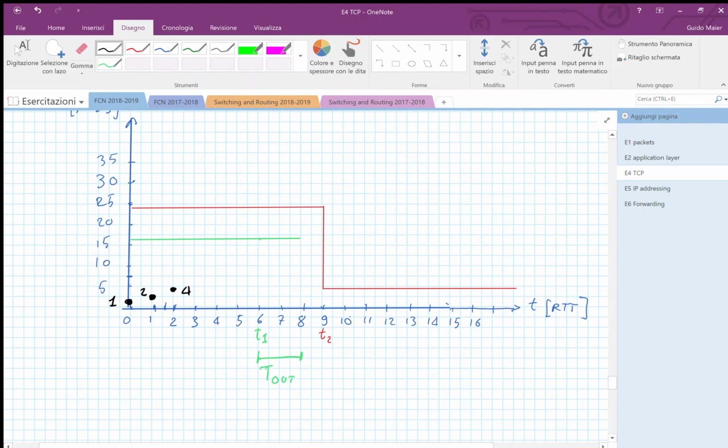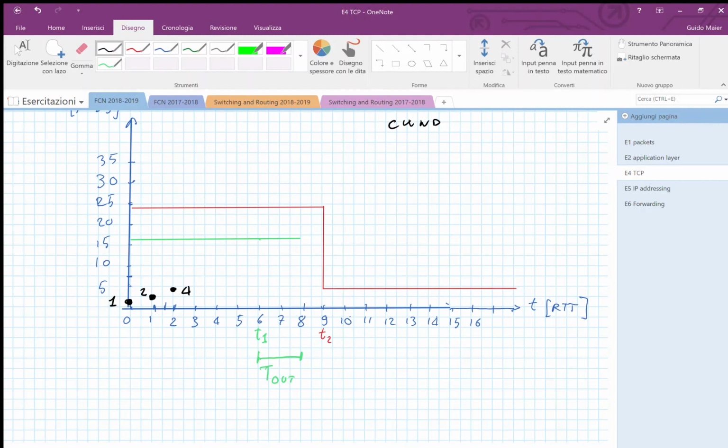When you are drawing this graph, you usually have to draw a dot, and then near the dot you write how many packets are sent and what is the size of the congestion window. So the congestion window here is in black. Then we have another round trip time.